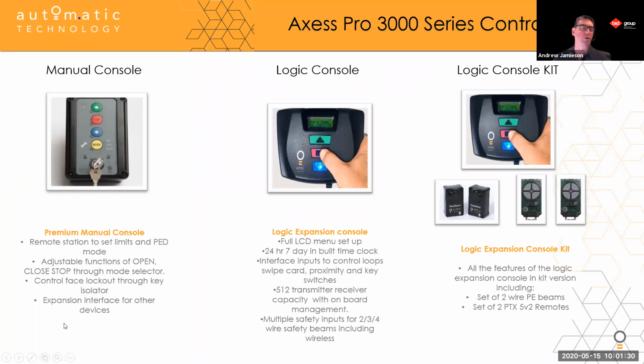But to give you a quick summary, you've got the manual console, which is just the up, down, stop station. It's premium because it's next level up to the known opposition C10A, because it's got a full lockable control panel and various mode selectors and a terminal block expansion within to allow for connectivity to status requirements on a commercial site.